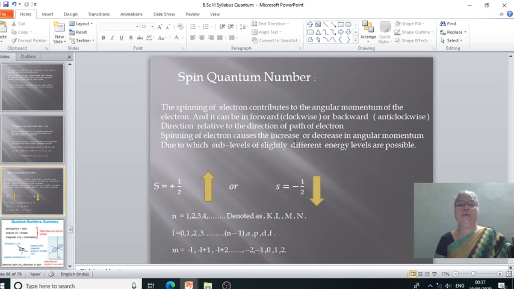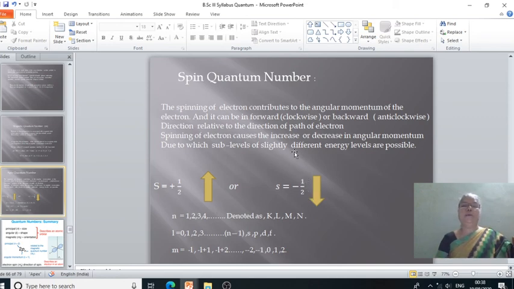Spinning of electron causes increase or decrease in the angular momentum, due to which sub-levels of slightly different energy levels are possible, and there are only two possible spins. Either spin may be in clockwise direction denoted by upward arrow, and the anti-clockwise spin is denoted by downward arrow and having the value minus 1/2.